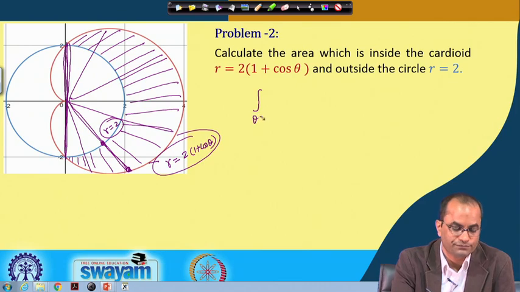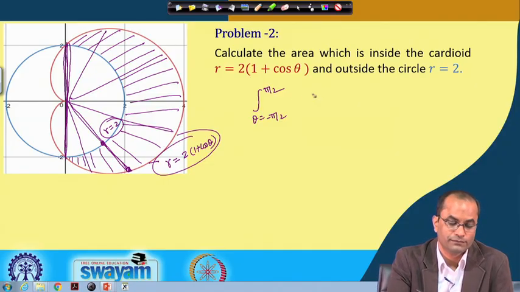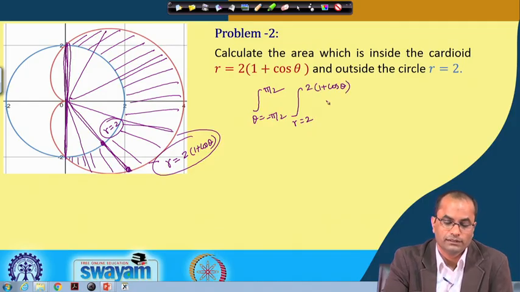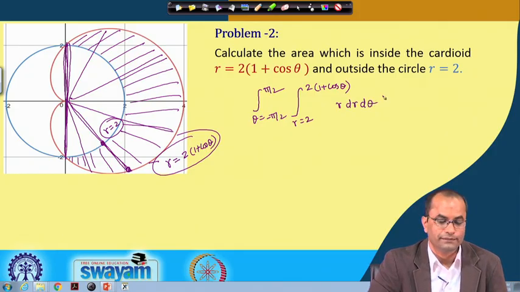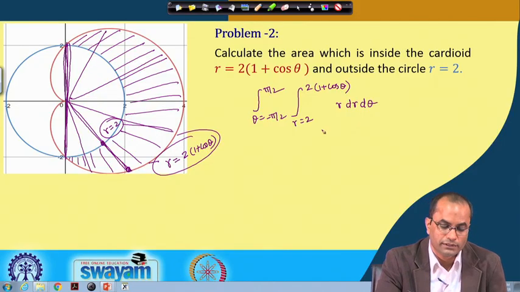So, theta varies from minus pi by 2 to pi by 2, and for r from 2 to 2 times 1 plus cos theta, and then for the area, our integrand is going to be 1, and then we have r dr d theta. So, which we can evaluate now easily.